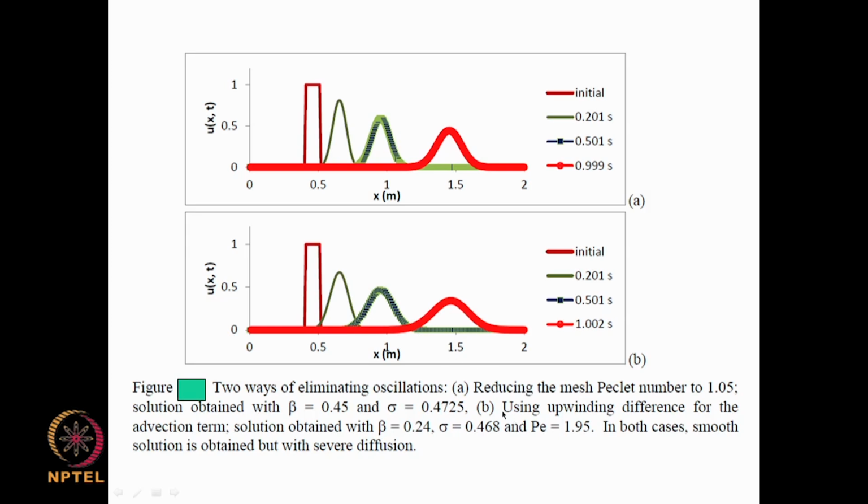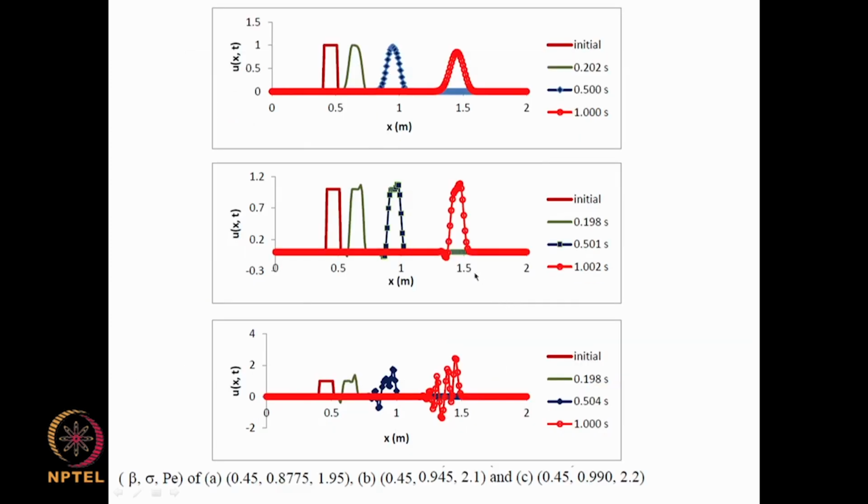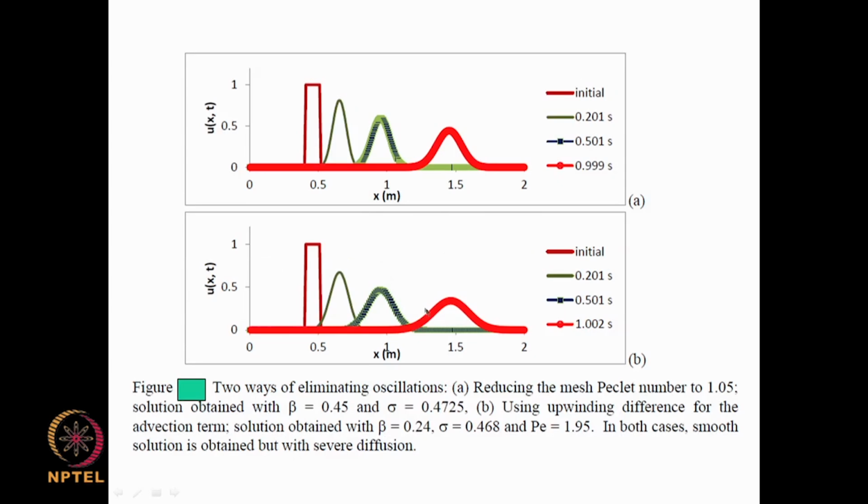So, we can suppress these kind of undesirable oscillations under stable conditions by either reducing the Peclet number, the mesh Peclet number, or by using upwind differencing.